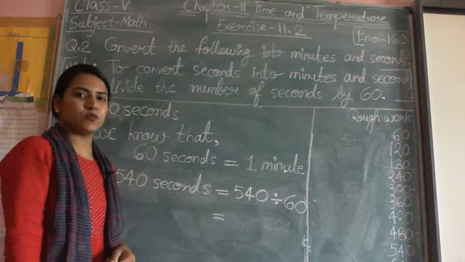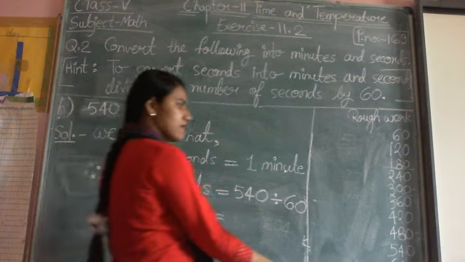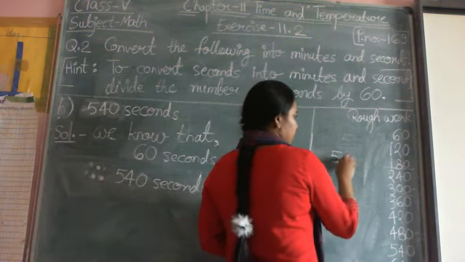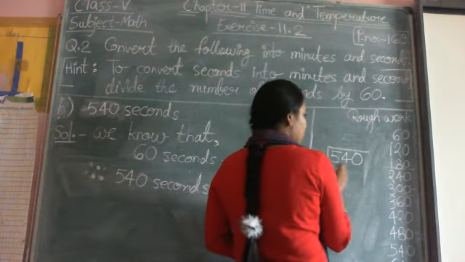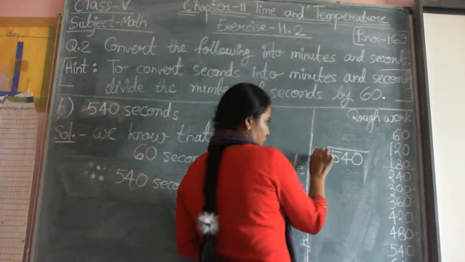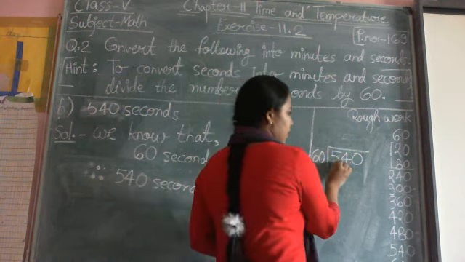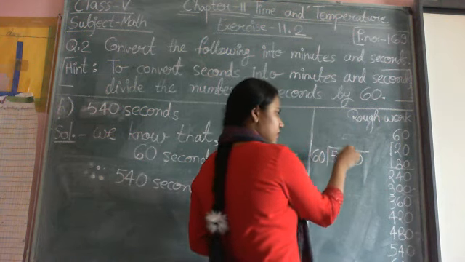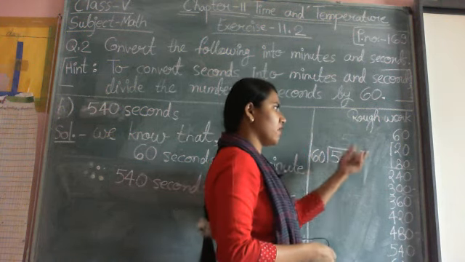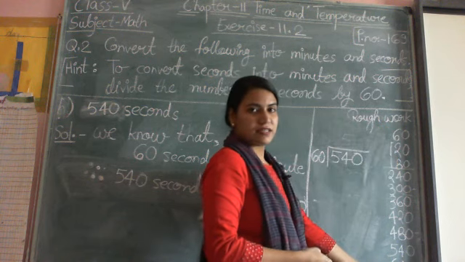Now what will we do? In rough work, we will divide this number by 60. Arrange both the numbers in standard form of division. First of all, we will check whether the number 540 comes in the table of 60.